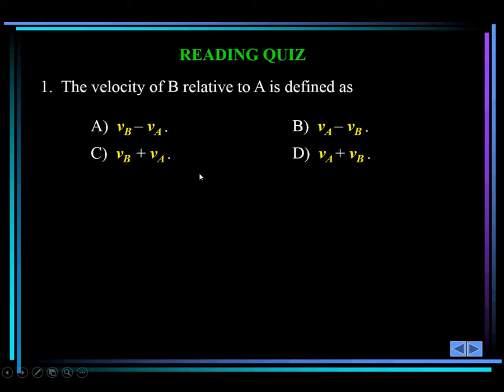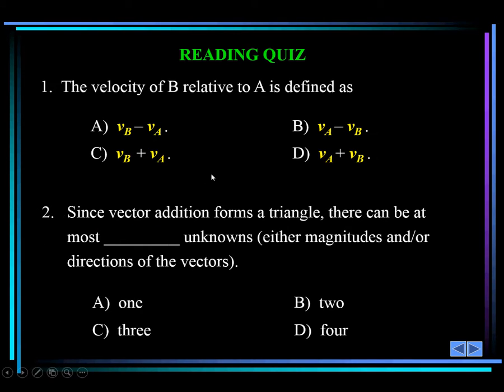But this one, since the vector addition forms a triangle, there can be at most two unknown magnitudes and or directions of the vectors. What do you think? Vector addition forms a triangle.